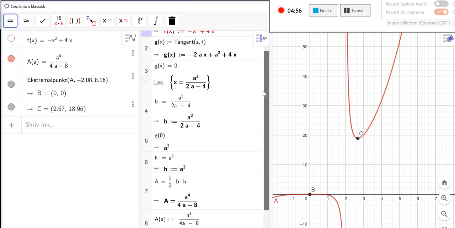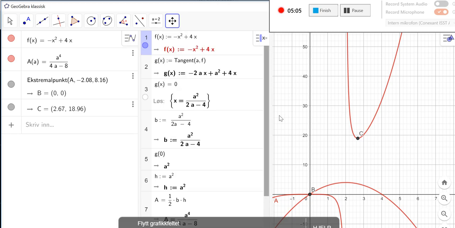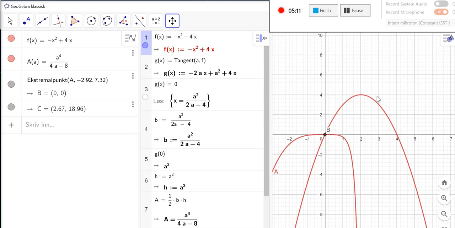If you want to understand what we did, we had this parabola here, and by taking different points, when a is larger than 2, we get different triangles.